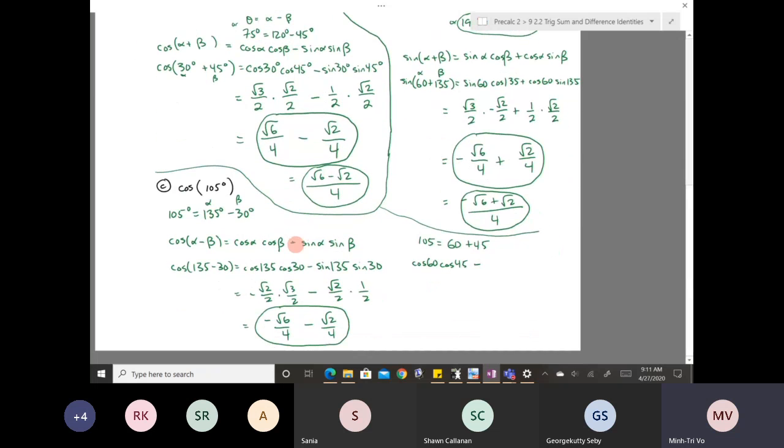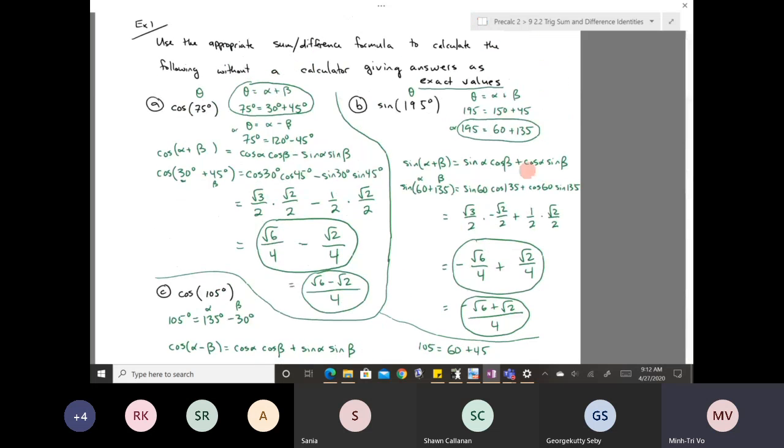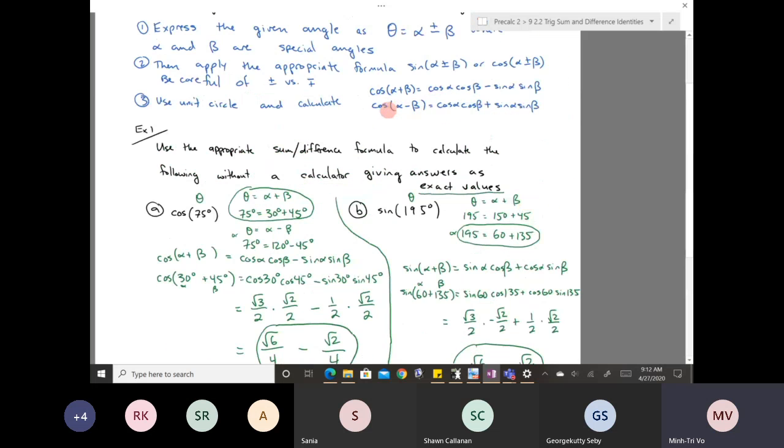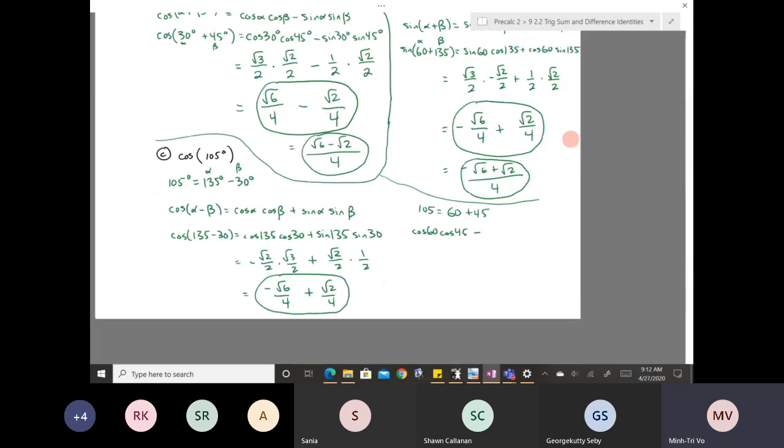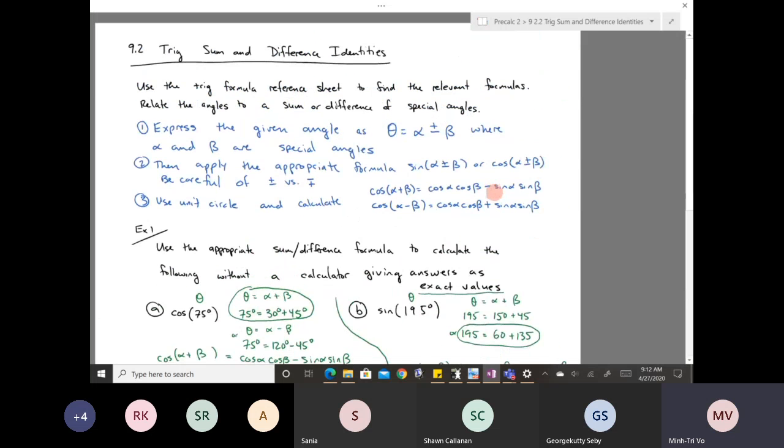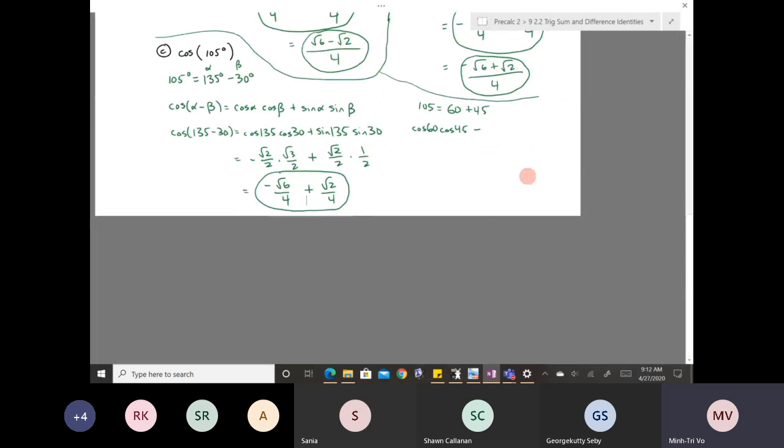So this should have been a plus here. That's what you want to be careful about with the formulas for cosine. The sum formula for cosine has a minus here, and the difference formula for cosine has a plus here. So this should be a minus.